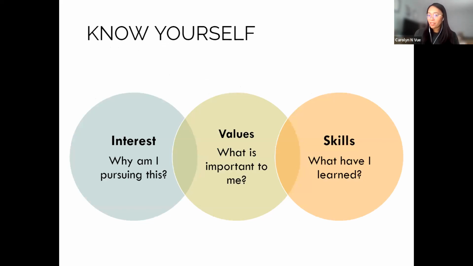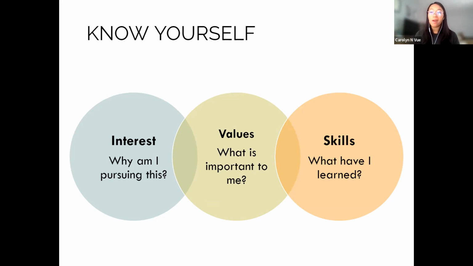Okay, so I've broken today's session down into 3 components. First, I'll be talking a little bit about interests, which is what do you like to do? What do you want to do? As well as why might you be pursuing the things that you are. The next component will be values. So what's important for you?